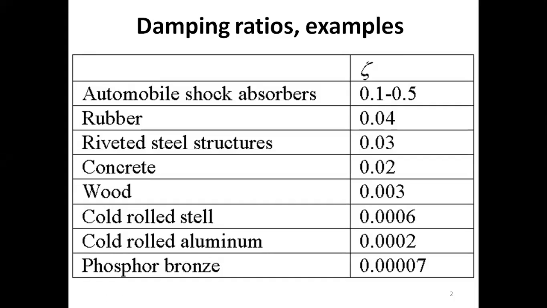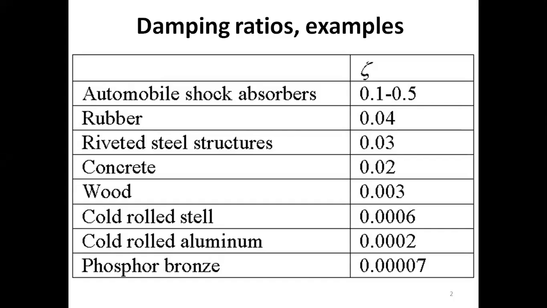Bismillah ar-Rahman ar-Rahim. So today the first topic is that we would be discussing a table about the damping ratio, that is zeta. In last lectures we discussed the damping.